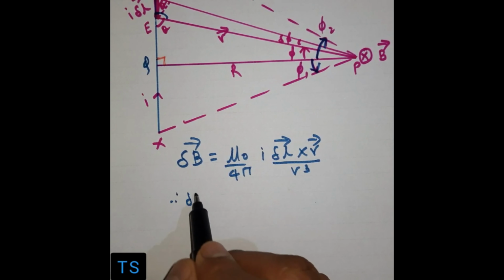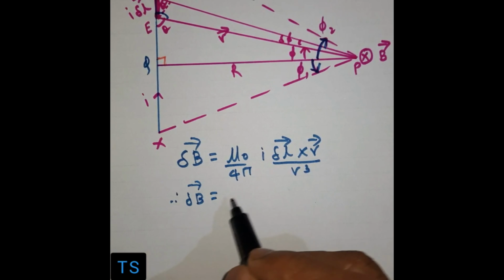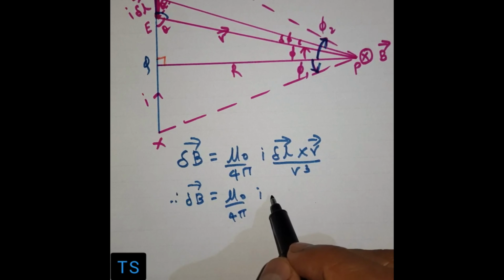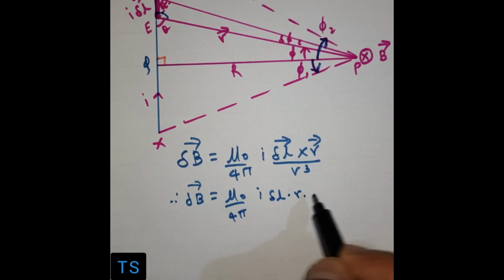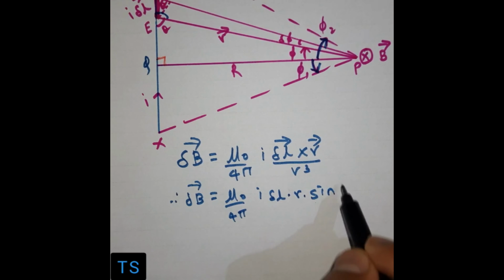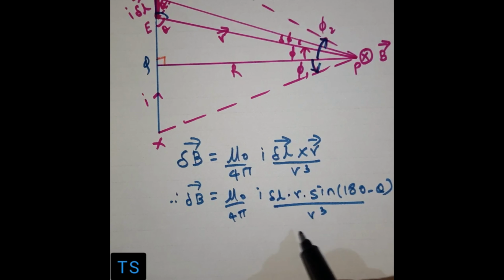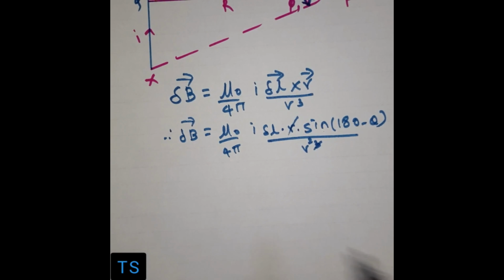Therefore this equation will be delta B equals mu naught by 4 pi, I delta L into R into sine of 180 minus theta upon R cube. This R and this get cancelled, so we get R square over here.